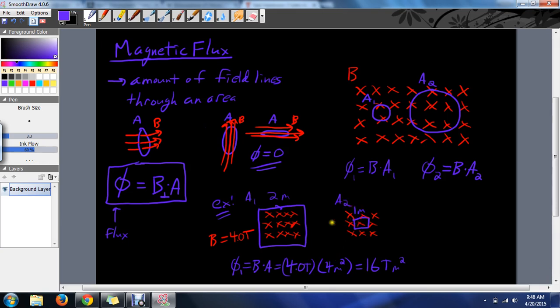The side went down by a factor of 2, therefore the area went down by a factor of 4. So you can also confirm that the area will be only 1 square meter, so we have 4 Tesla times 1 square meter, which is 4 Tesla meters squared. Easy done.